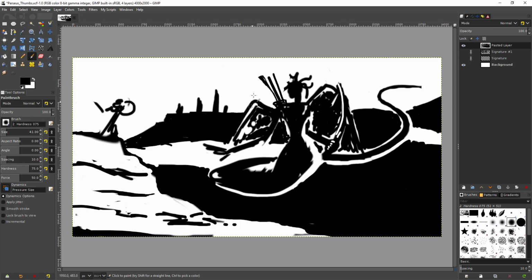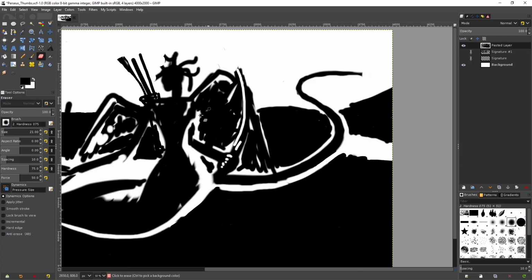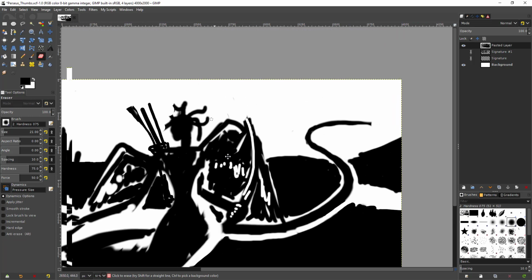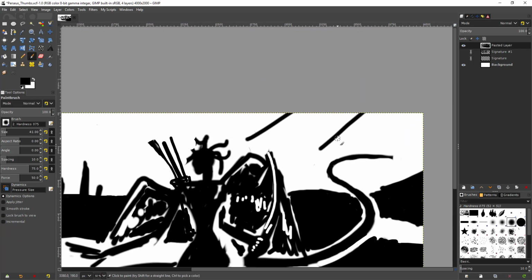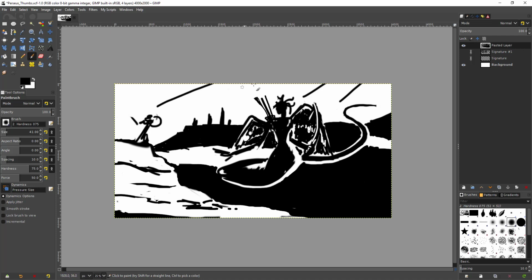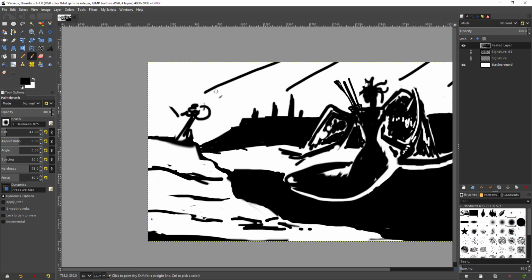Okay, this is tricky right here. I do want to fill in that black space there, but her feathers I want to see coming here. Just remember the light is coming from over there, right? Yeah. And what would be really great here is if this area can somehow be black.